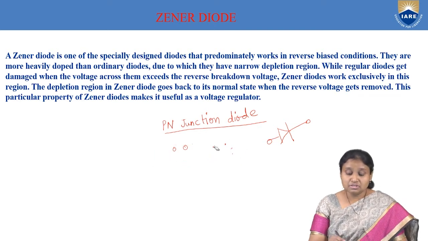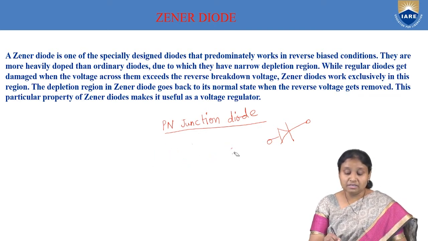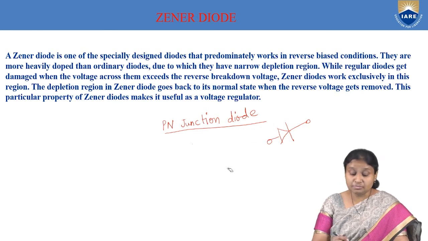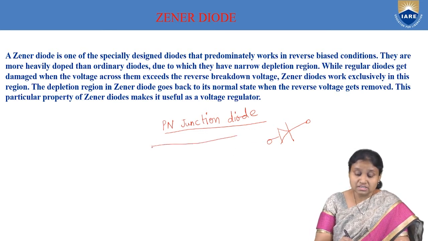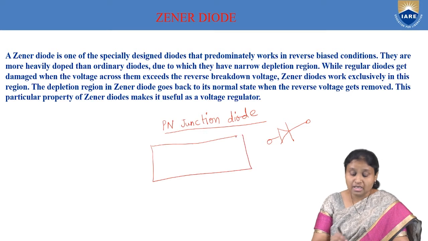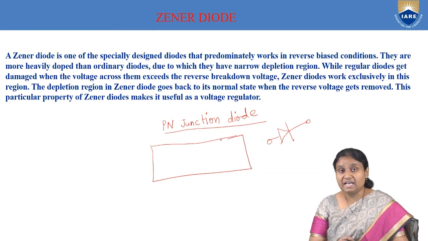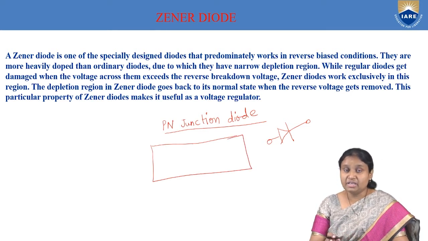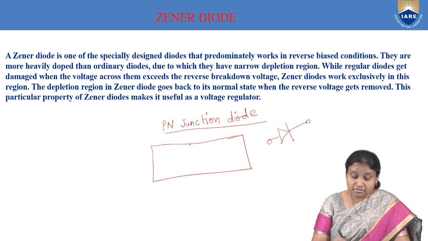Similarly, electrons from N-type, when they go to P-type, become neutral with holes in P-type. Because of this, a region is formed at the junction combining both P-type and N-type semiconductor. This is our depletion layer.